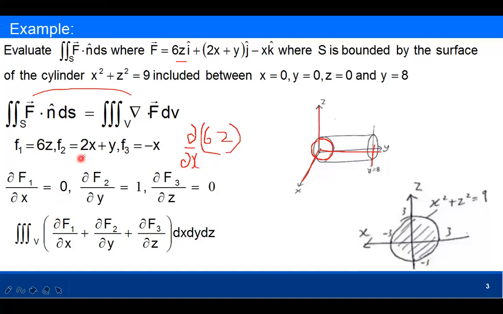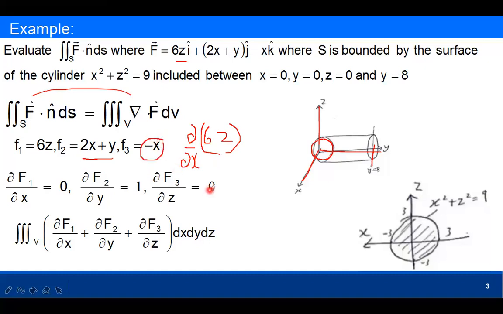Similarly for f2, differentiating with respect to y partially, derivative of x is 0 and derivative of y is 1. Similarly for f3, dou f3 by dou z: with respect to z, minus x is constant, therefore this value is 0.